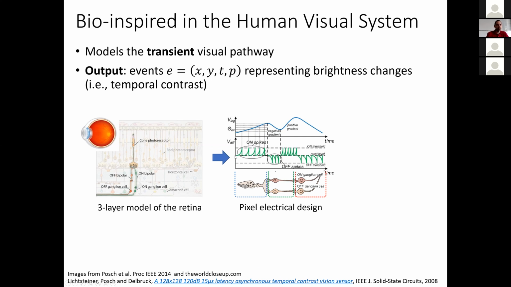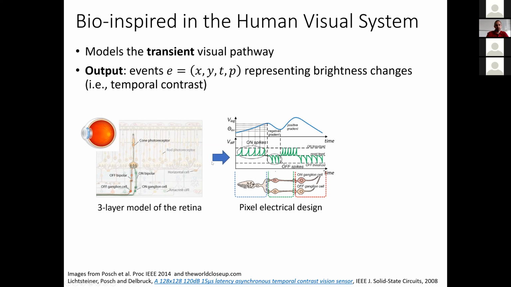Basically what happens is that light is integrated in the second stage, and whenever this integrated light reaches a threshold, either a positive threshold or a negative threshold, it will create these so-called events, or in terms of neuroscience, spikes.